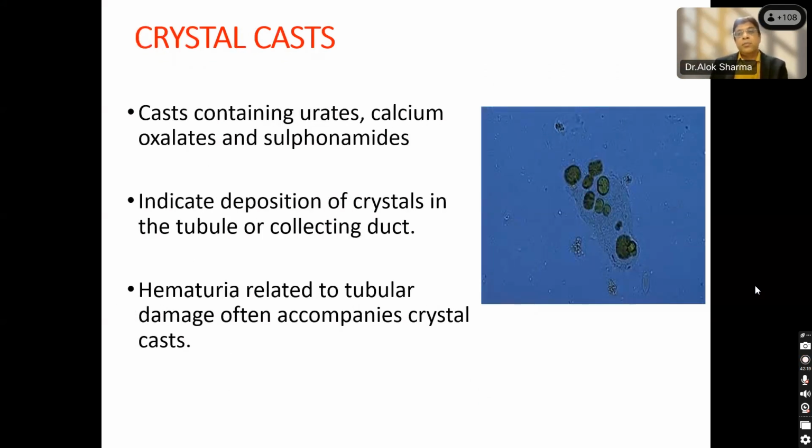And of course, as I've told you, any cellular element or any element in urine can get incorporated into that cast. Depending on what crystals are there in the surrounding, these crystals can get entrapped in the meshwork and form casts of the same name. So if you have a lot of uric acid or calcium oxalate crystals in urine, or they are coming from the tract, they can appear in the urine sediment as casts.